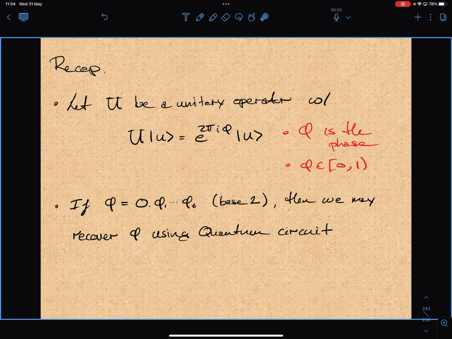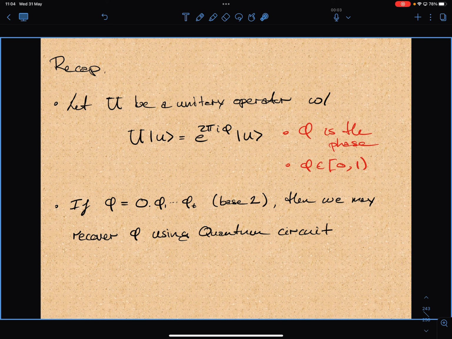I want to describe this quantum circuit. Here we have a pretty strict restriction, a terminating expression for the base 2 expansion of phi, but technically phi can be any number between 0 and 1.